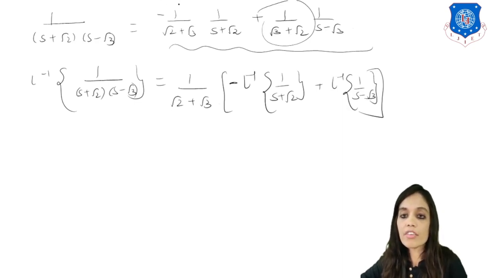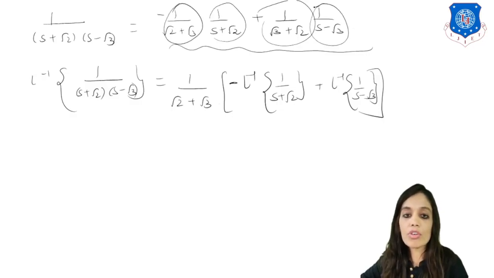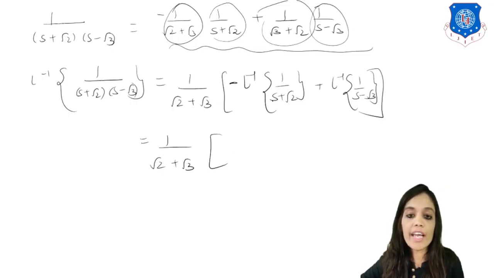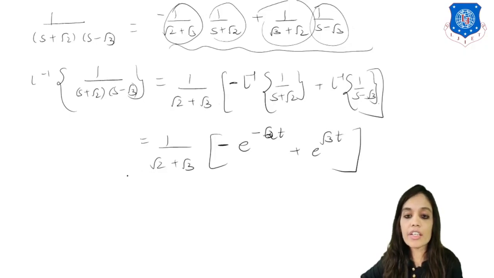So in this I have taken this common and applied Laplace inverse on these two. So let us write now just the inverse formulas. Whenever we have s plus or s minus, we know e will come. So the answer will be minus e raised to minus root 2t plus e raised to plus root 3t. Right? So this is our final answer.